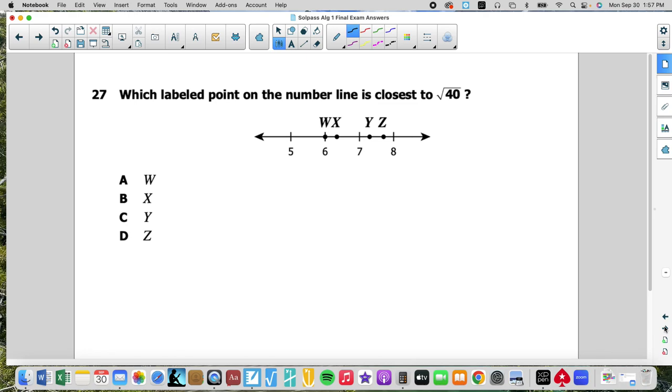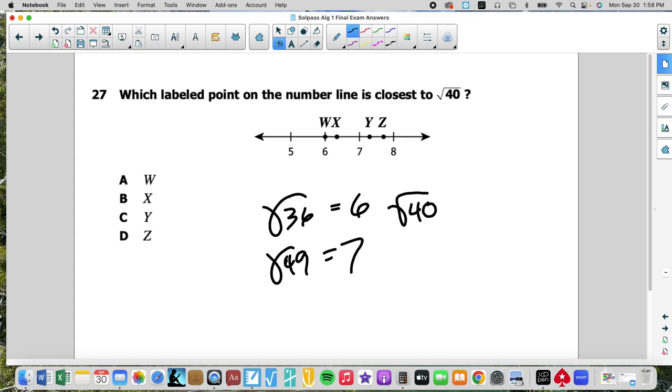Which labeled point on the number line is closest to root 40? So let's think about this. Perfect squares. Square root of 36 is 6, and square root of 49 would be 7. So square root of 40 is going to be in there. So it's going to be between 6 and 7. Now where does it sit between 6 and 7?